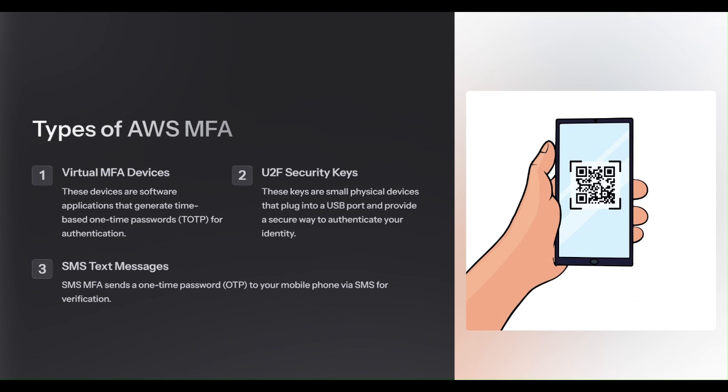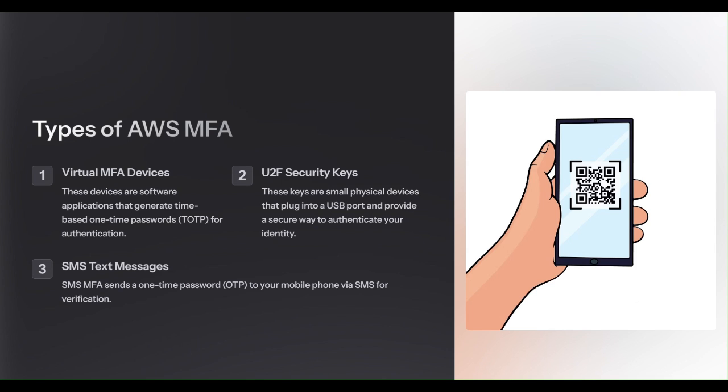Thirdly, SMS text messages. This is a more familiar approach to MFA for many users. AWS sends a one time password to your mobile phone via SMS, which you enter to complete the login process.